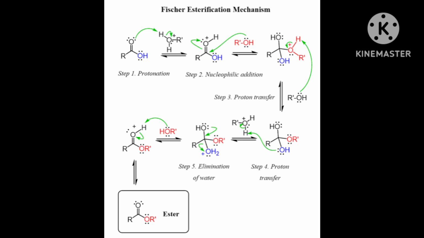The second possibility is that it can react with acid chloride, RCOCl. Remember, COCl is acid chloride. And the third possibility is that it can react with acid anhydride.